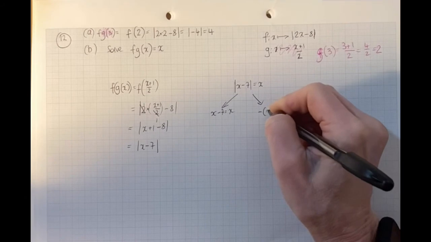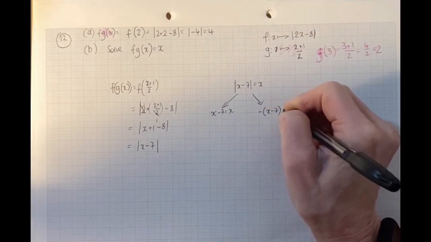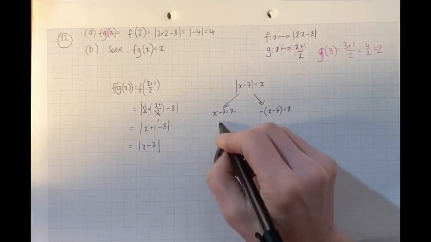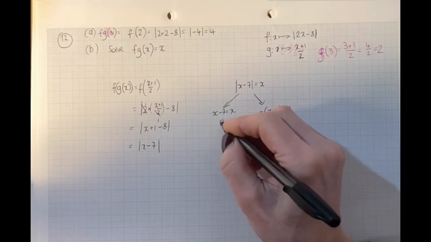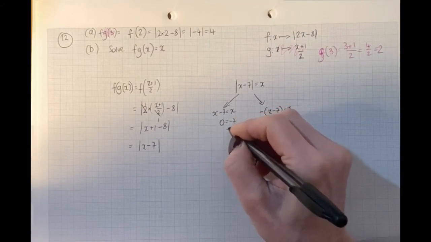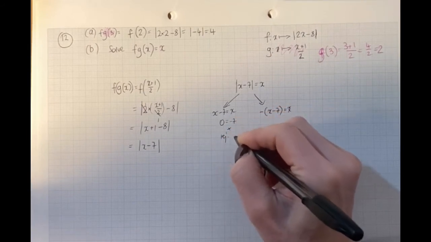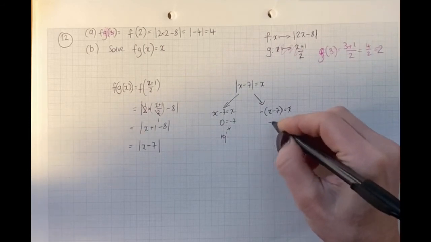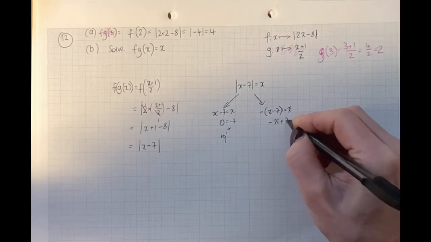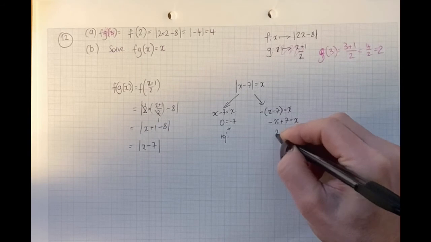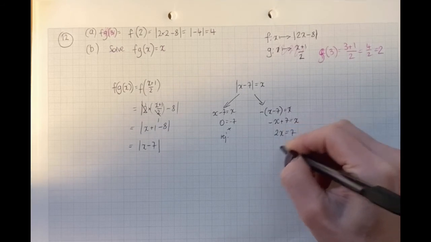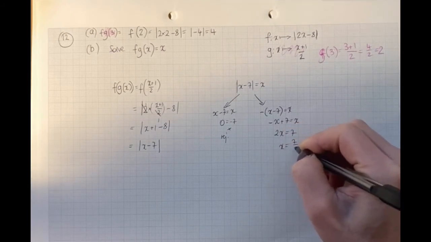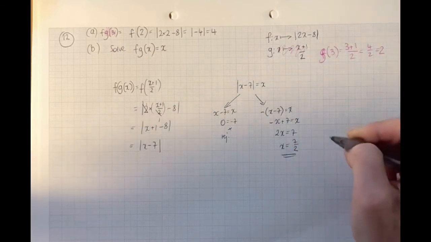With this equation, you could see that you get 0 is equal to minus 7. That's rejected, nonsense. Okay, so this one here is minus x plus 7 is equal to x. So 2x is 7, so x is 7 over 2. So that looks like it's our solution.